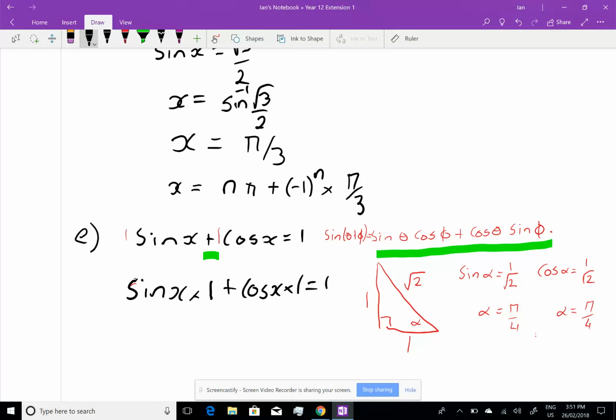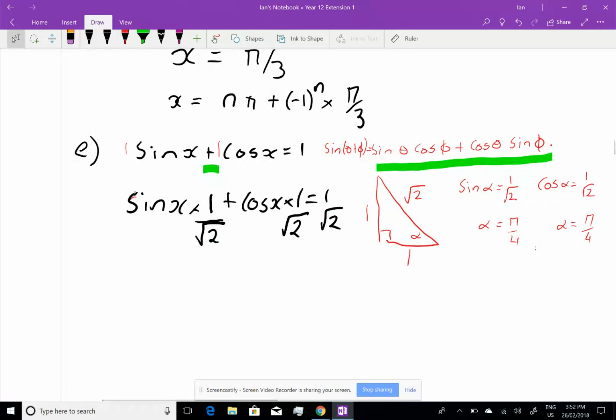Now this is an equation. I don't want 1, I want to be able to write that 1 as a trig ratio. So I'm going to divide everything by root 2. I'm allowed to do that because it's an equation, and that's going to allow me to write this whole section as a combination of trig ratios.